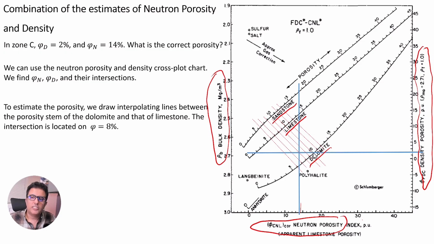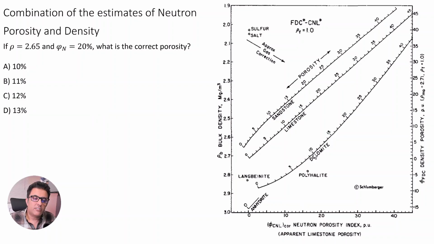Here the correct porosity is 8%. So as you see, by combining the data from the density log and also the neutron porosity log, not only are we able to have some idea about the lithology, for example, here we notice that the lithology is dominantly dolomite, but we are also able to estimate the correct porosity.